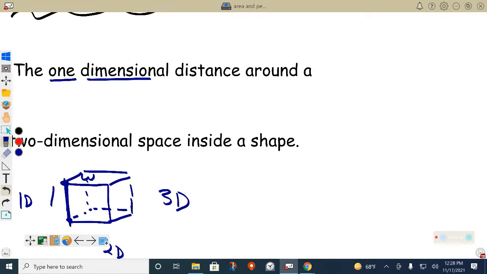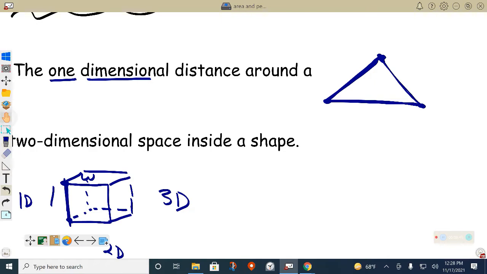So I have a triangle. The perimeter of that triangle is the one-dimensional distance. Look at one-dimensional plus another one-dimensional distance plus another one-dimensional distance. That's perimeter. It's just one dimension, pure distance, 1D.